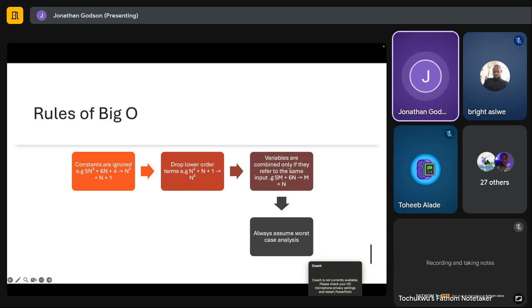Variables are combined only if they refer to the same input. If at the end of your analysis you end up with, let's say, O of m plus n, you cannot combine m and n. So your final solution is O of m plus n.